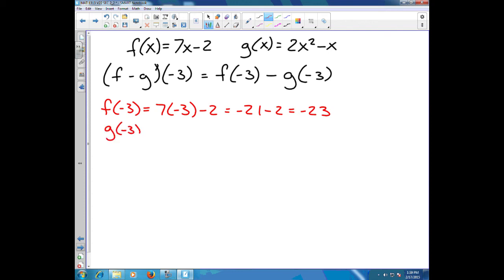G of negative 3 is 2 times negative 3 squared minus negative 3. So that's 2 times positive 9, which is 18, minus negative 3, which becomes plus 3. And 18 plus 3 is 21.